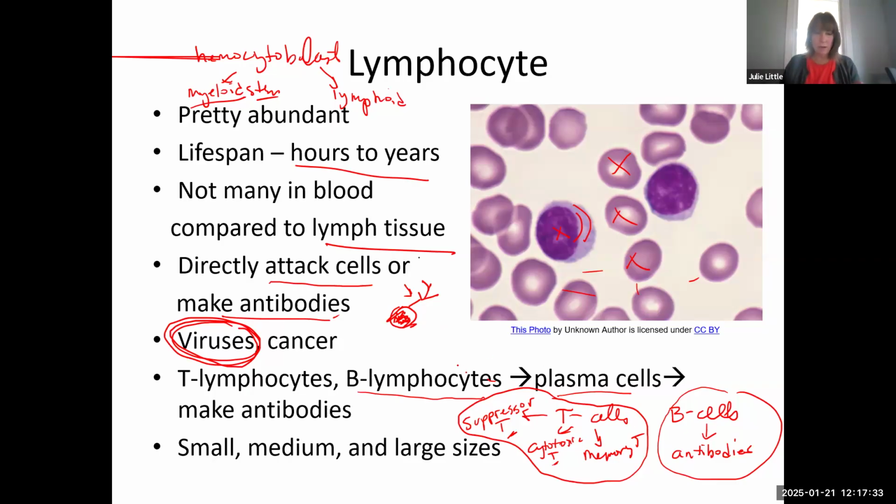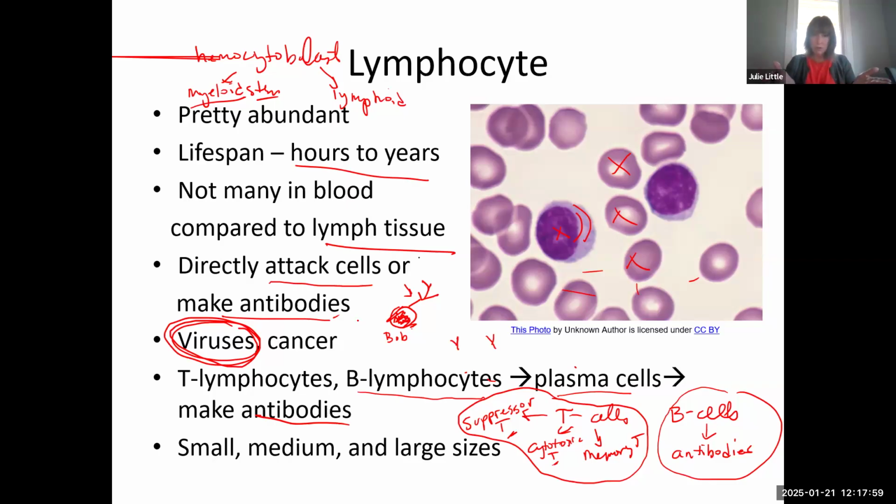These lymphocytes are going to develop into plasma cells. They're going to make antibodies, and then we're going to have antibodies in our blood for whatever this virus is. Let's call this virus Bob. So now we're going to have anti-Bob antibodies in our system. And if Bob ever comes back into our body, we'll have antibodies to fight it off. So they're very specific.